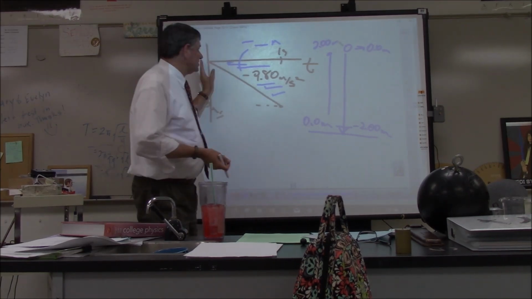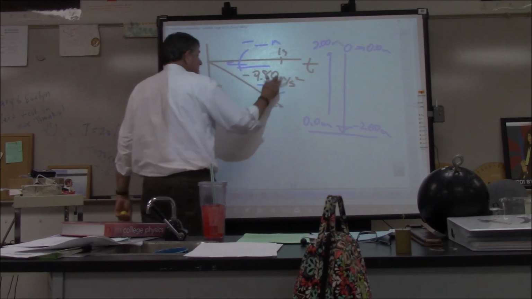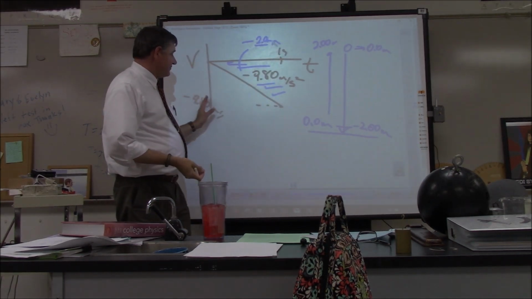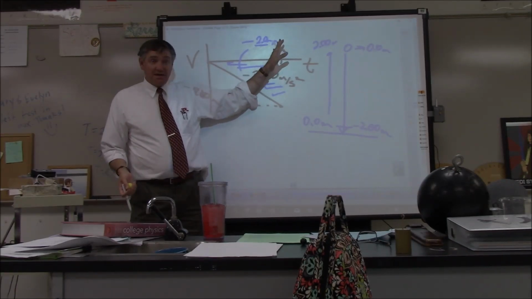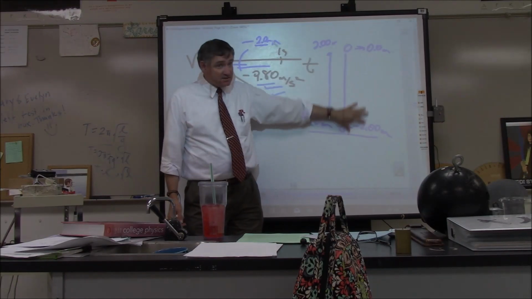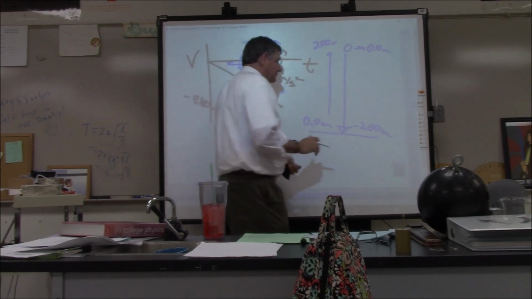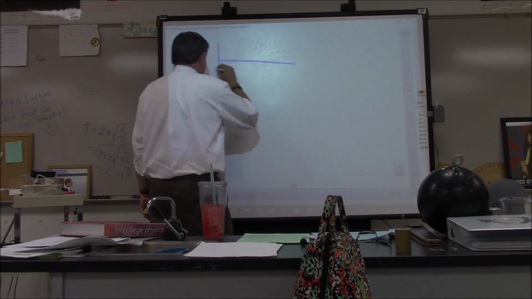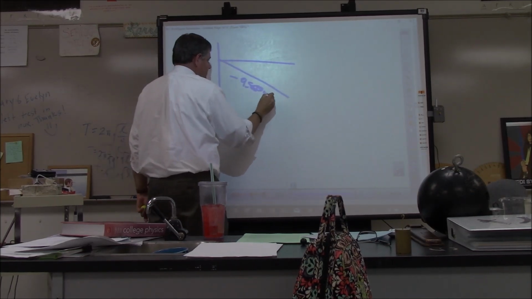So this is why I said you have to work this as a big idea. So that means this area is going to be negative 2 meters because I'm going to have a negative velocity multiplied by a positive time. I'm going to get a negative value here. Mathematically, it's going to work. No matter how I set this up, I'm still going to have a displacement of negative 2 meters. Now, with that said, we said the velocity time graph is going to have a slope of negative 9.8 meters per second squared.